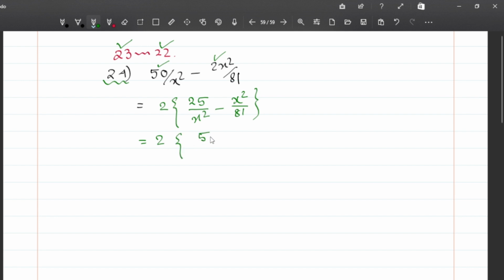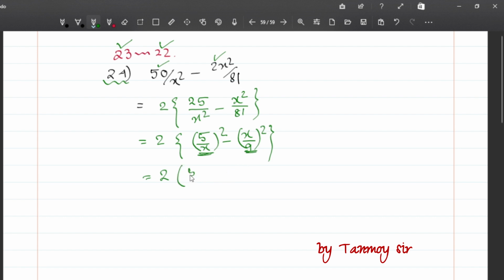So you can write 5 by x whole square minus x by 9 whole square. So this is your a and x by 9 is your b. So expand with the formula: 5 by x plus x by 9 multiplied with 5 by x minus x by 9. So this is your answer.